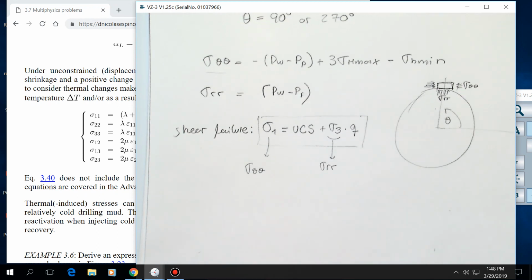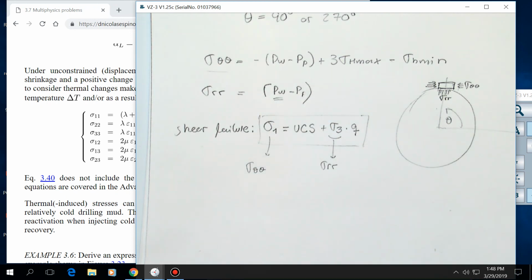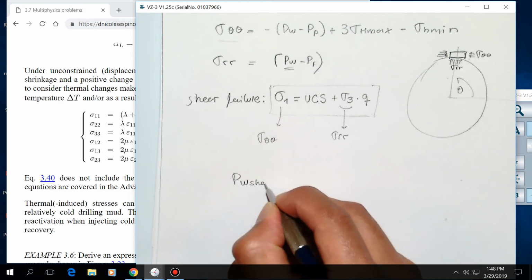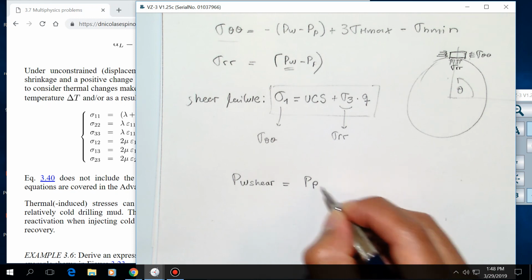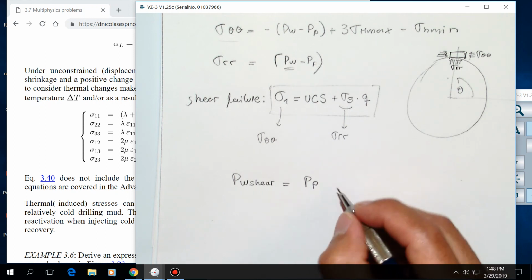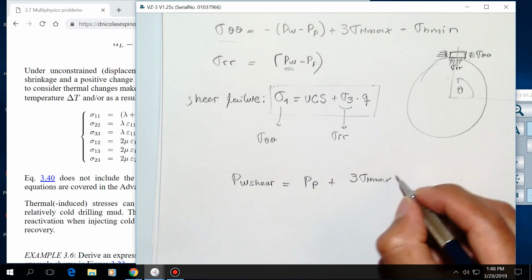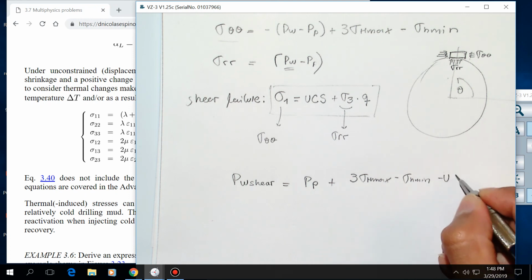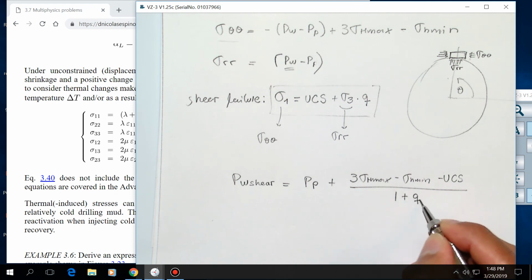When you equate all of this and solve for PW, you get an equation that tells you that the pressure in the wellbore at which you're going to have shear failure is equal to the pore pressure plus 3 times sigma h max minus sigma h min minus the unconfined compression strength of the rock, divided by 1 plus the coefficient Q.